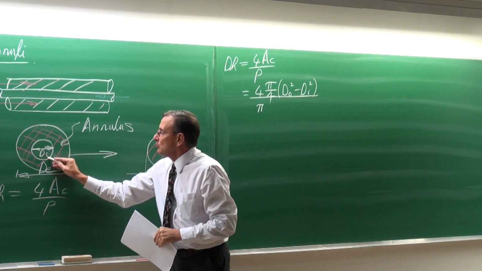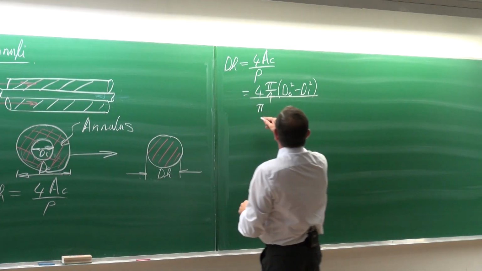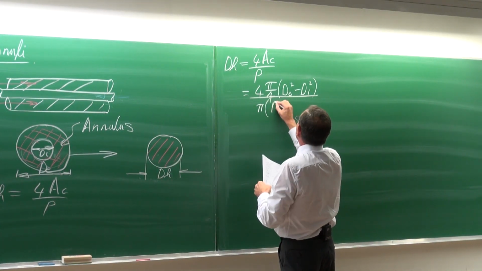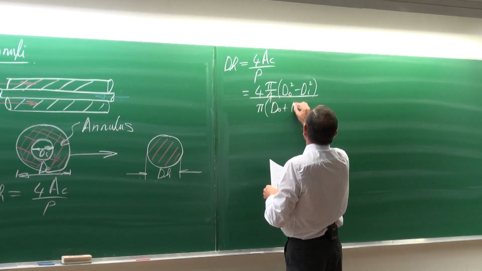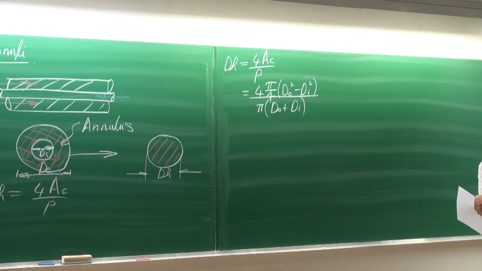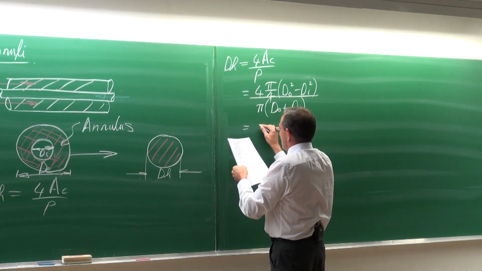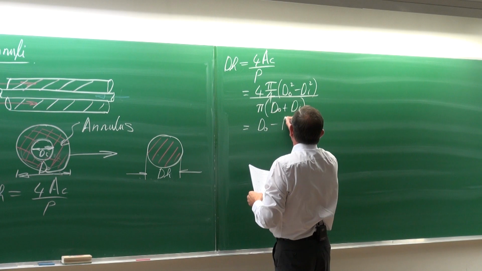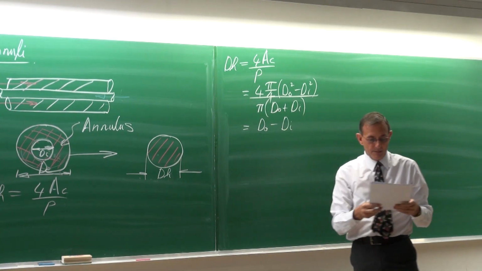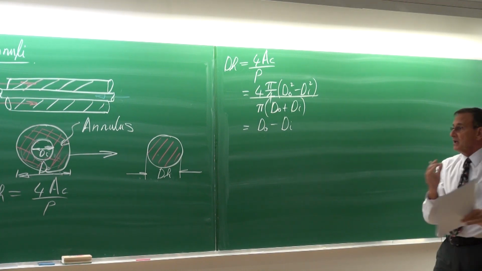The wetted perimeter will be this area here, plus that area there, so it is pi multiplied by (d0 plus di), the outside plus the inside diameter. And the result is that it is equal to the outside diameter minus the inside diameter. Very simple.